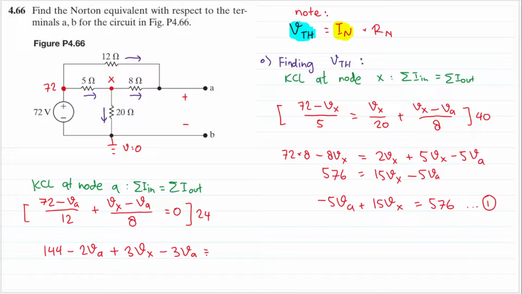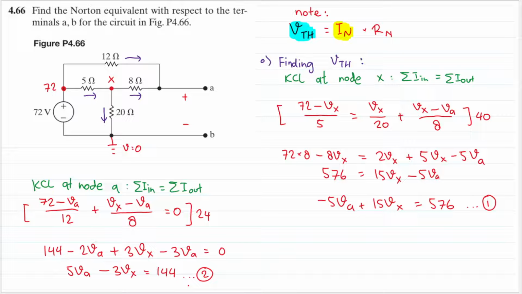And that will equal 0. Okay, so we will have 5 VA minus 3 Vx is equal to 144. Okay, let's have this as equation number 2.